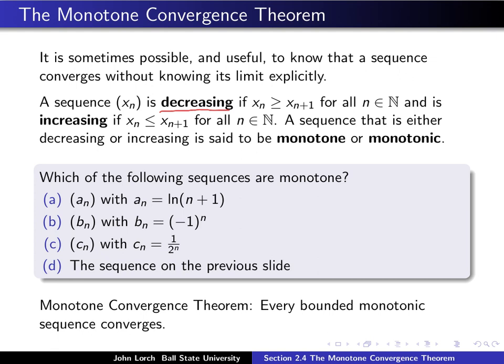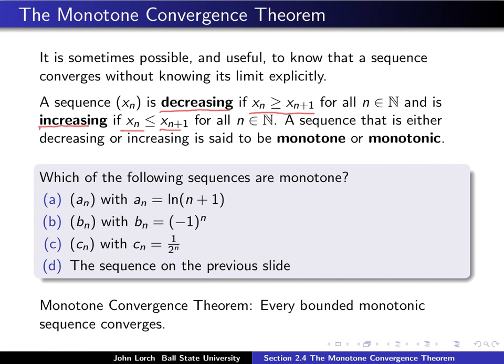if the n plus first term is less than or equal to the nth term, always. So this means as you proceed down the sequence, the terms are not getting any larger as you move from term to term. And likewise, a sequence is increasing if the n plus first term is bigger than or equal to the nth term for all n.